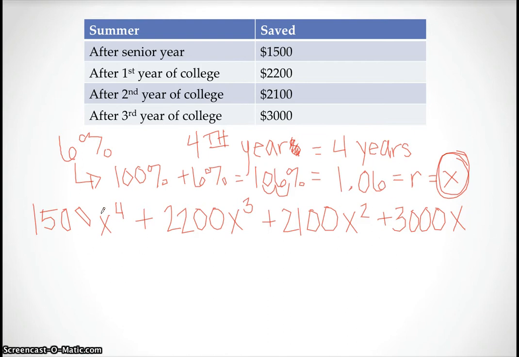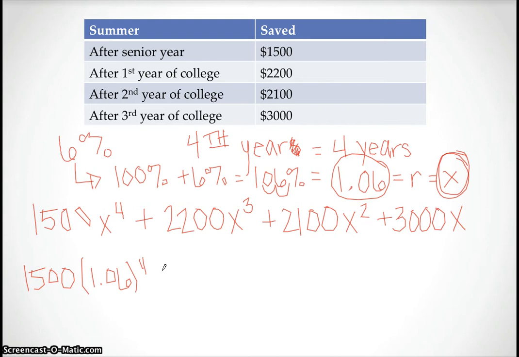Now remember, we put in X here just so that we would not have to write this out, but we're actually going to have to use this 1.06 rate. So what that actually looks like is you're going to have 1,500 times 1.06 to the 4th power.